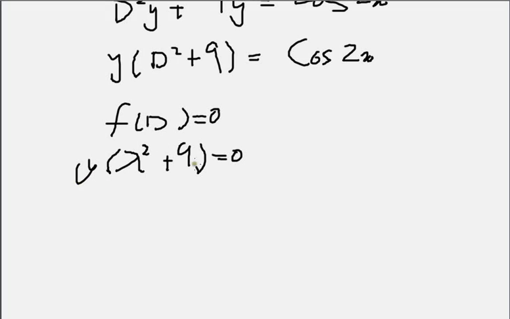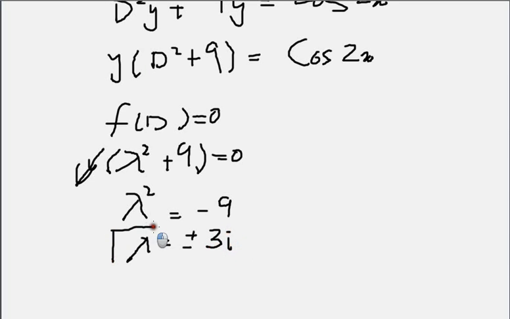Y will be cancelled, so we will cancel y. Lambda square equals to -9, taking square root will become lambda equals to plus minus 3 iota. So these are the roots of our equation.